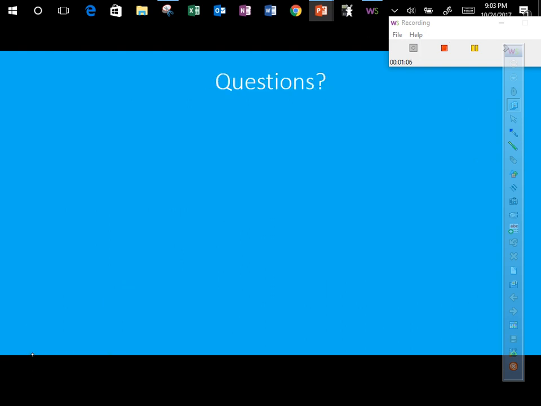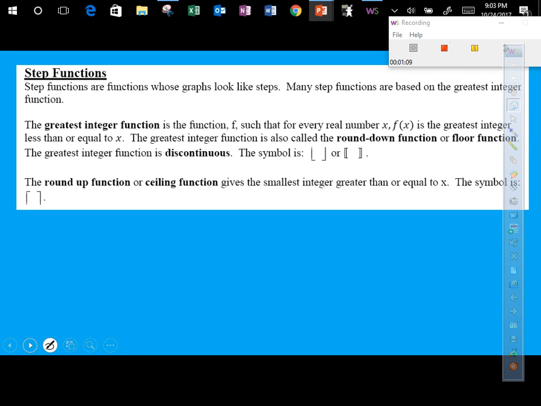So, where I need to go with you today is right here. I need to talk about round up and round down functions. Well, if you see a symbol that looks like this, guys, that means round down to the next integer.